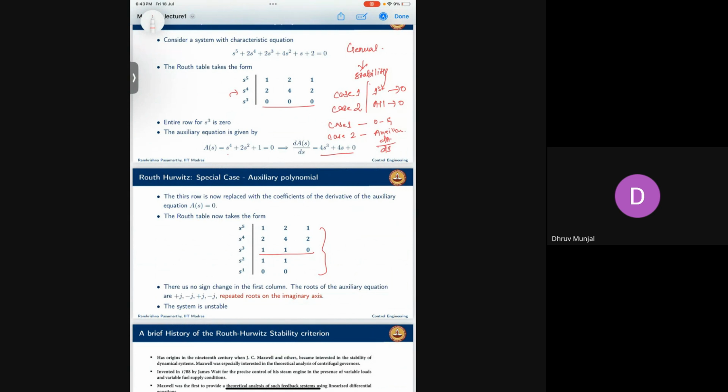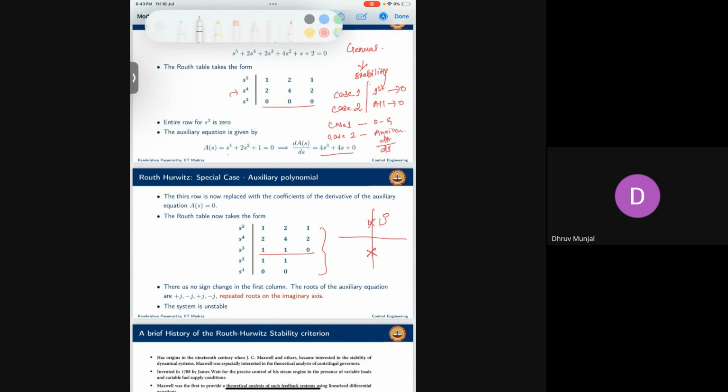Right. So this is a case of one single pole pair. Until it has one single pole pair, that is fine. But in this case, if you see, the auxiliary equation has repeated pole pairs. For example, there are two poles at plus 1 j and two poles at minus 1 j, right? So this will make the system unstable. Why does it make the system unstable?